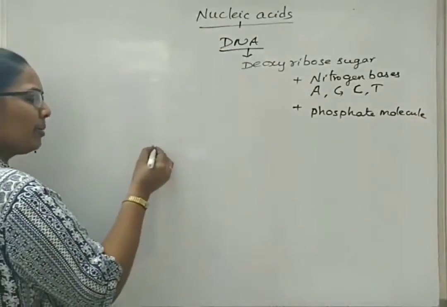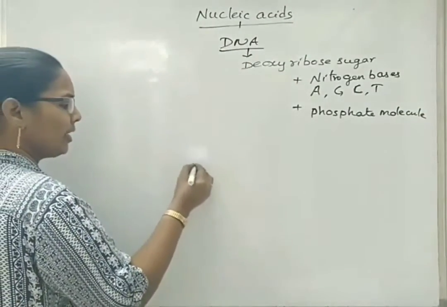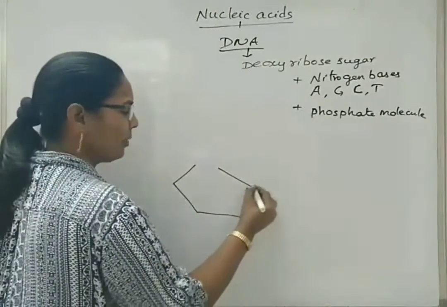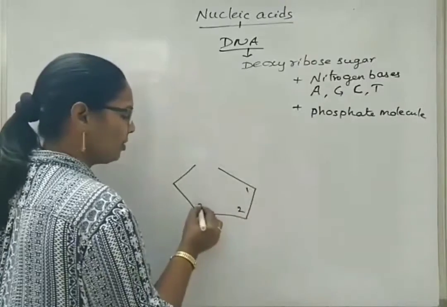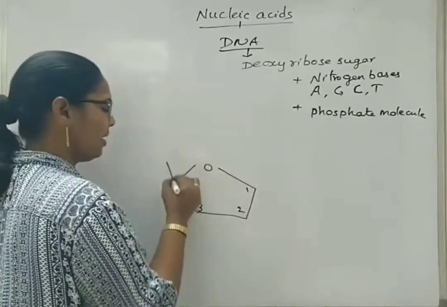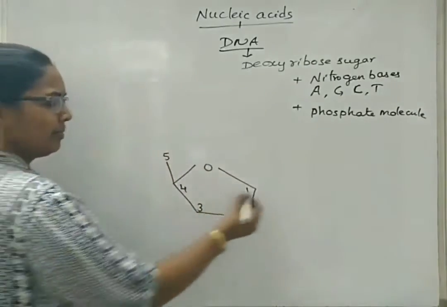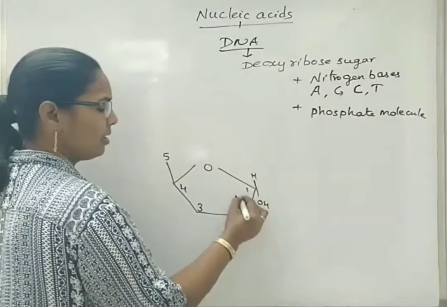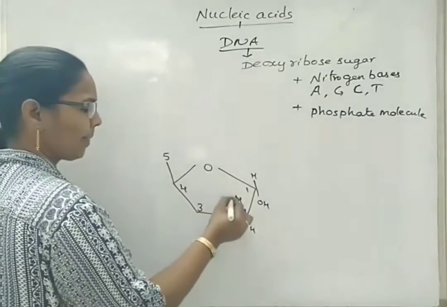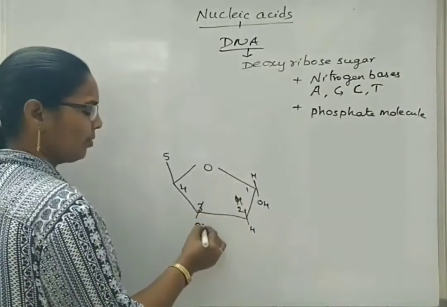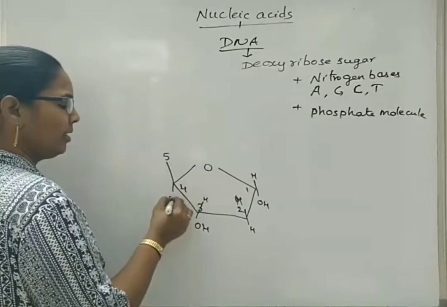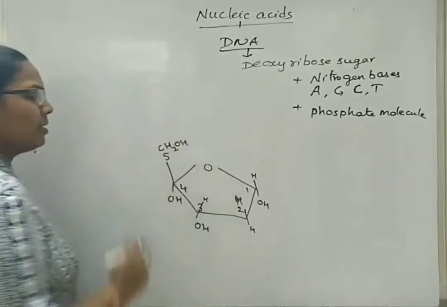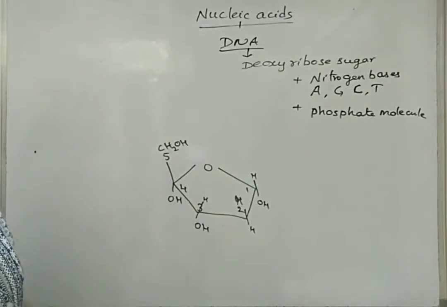If we frame the biochemical structure of the nucleotide of DNA, the pentose sugar, that is deoxyribose sugar, will have carbon 1, carbon 2, carbon 3, carbon 4 and branched carbon 5. OH, H, H, H. Next, OH and H. And here is one OH. Here the molecule is CH2OH at the 5th carbon.